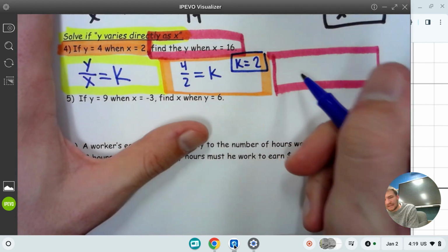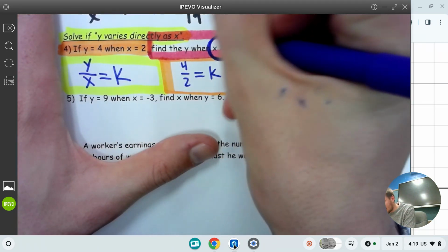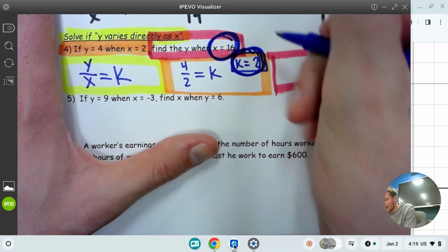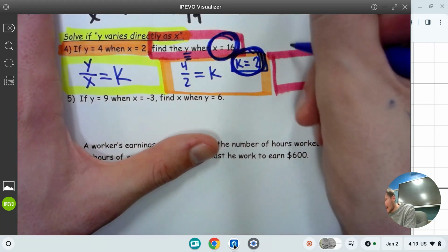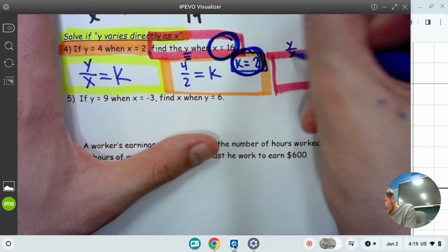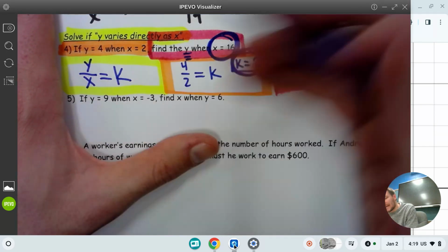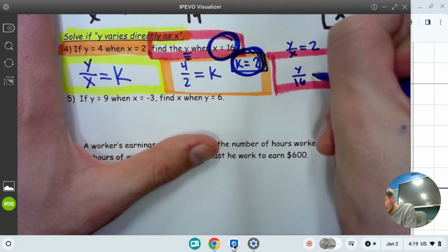To start this question, we're going to use the x and the k, and we're missing the y. So you can think about it like we have y divided by x equals 2, and we're going to plug in the 16, y divided by 16 equals 2.